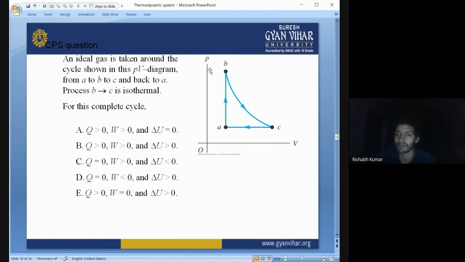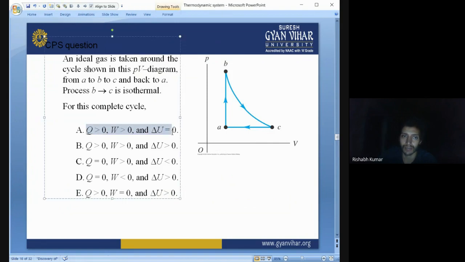It does not depend upon the path taken, it only depends upon the initial and final state, right? And here initial and final state is the same, represented by point A, so delta U is going to be 0. So this is our right option.